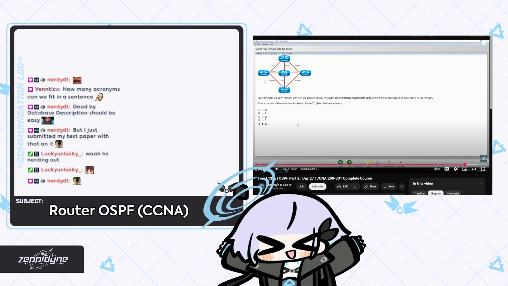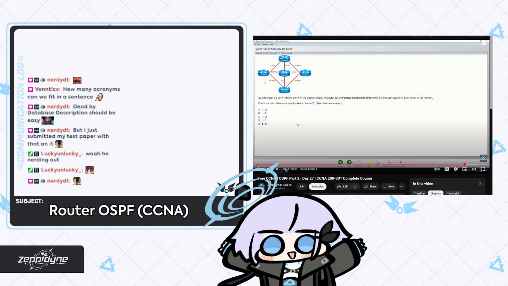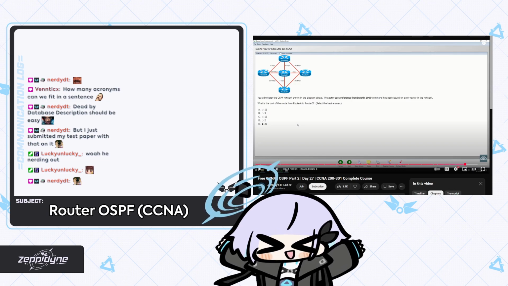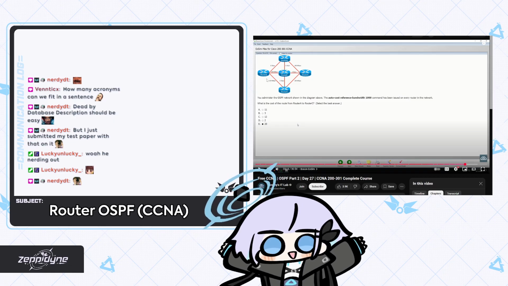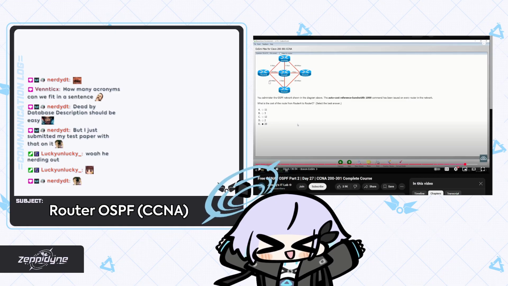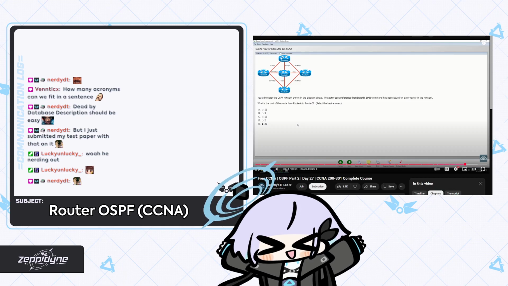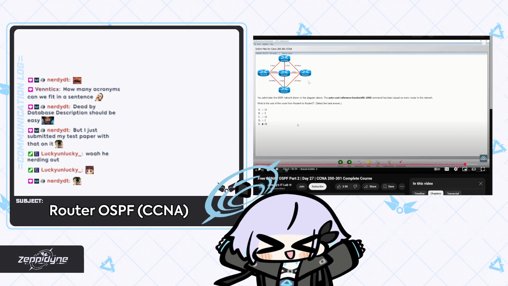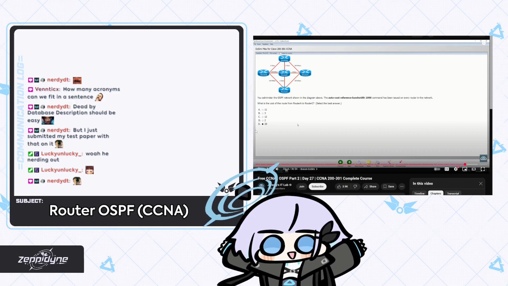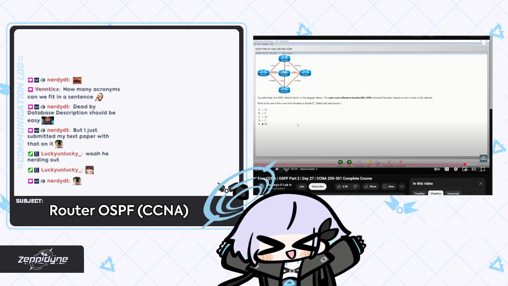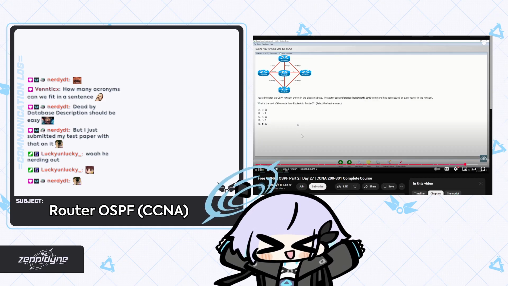So 1,000 divided by 1,000 is 1. 1,000 divided by 100 is 10. So this should be the fastest route, A to B to E to C, which is 1, 2, 3, because they're all 1 Gbps. It should be B.